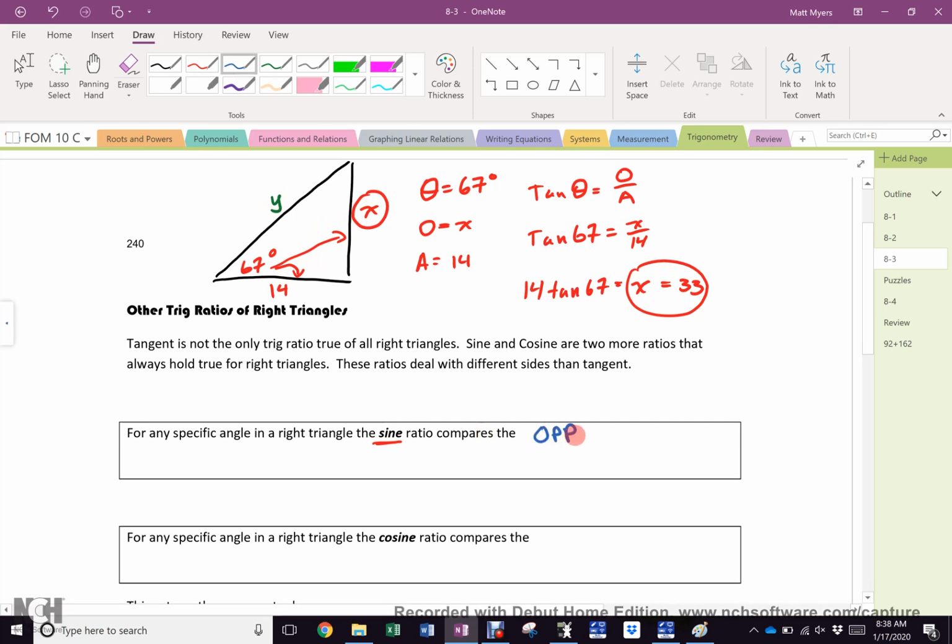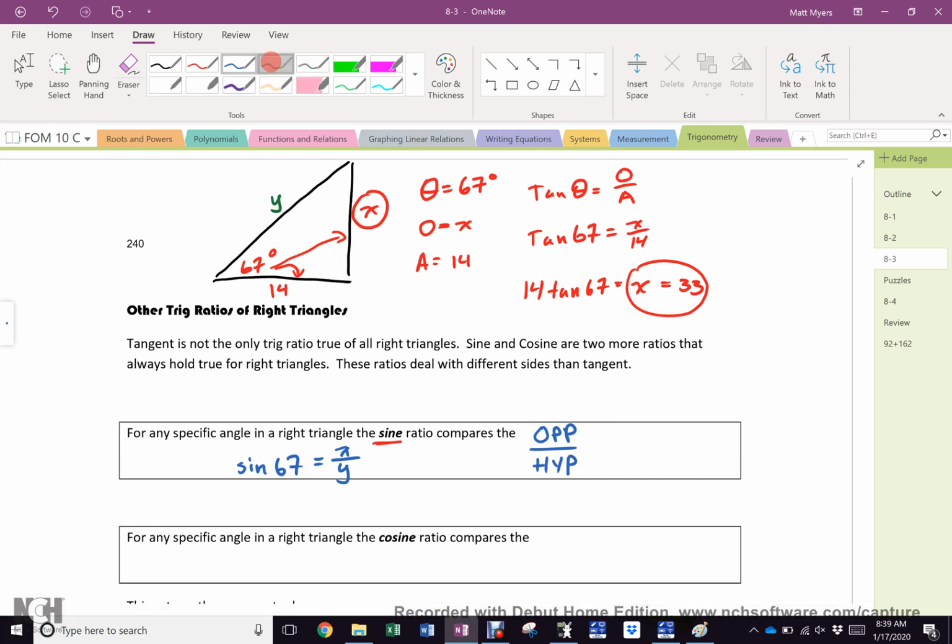What does opposite mean in trig? Across to the hypotenuse. Everybody cool? So in this triangle up here, it would be sine 67 would equal x over y, because x is opposite and y is the hypotenuse. Everybody good?